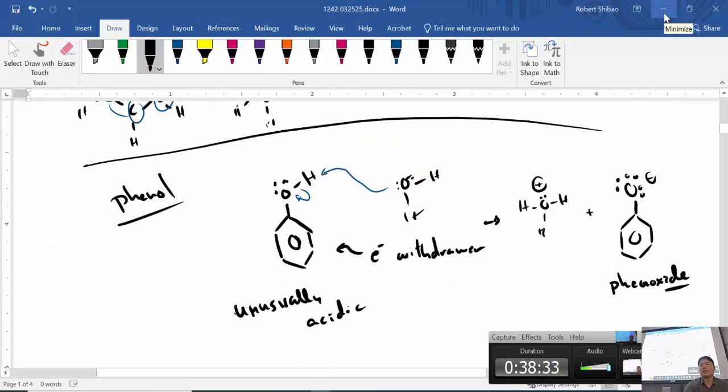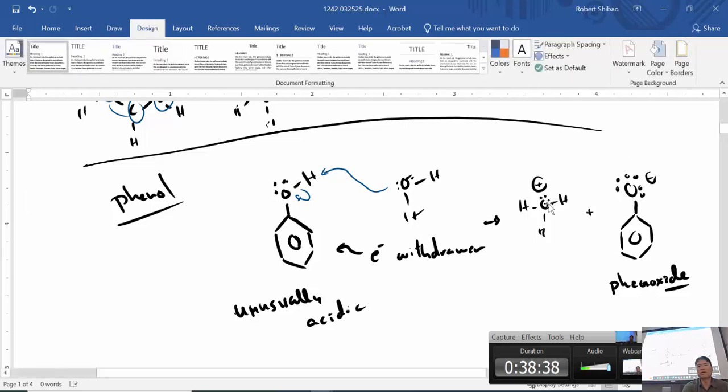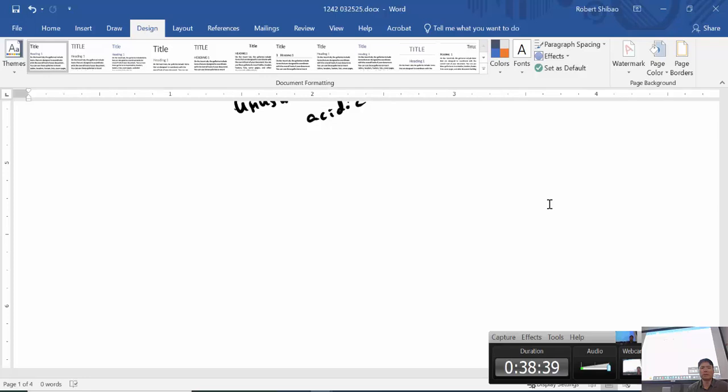And so phenoxide is a very interesting species because let's take a look at what happens. Ethoxide has trouble with this charge. And so we're going to compare this to ethoxide, the conjugate base of ethanol, that is, ethanol loses the proton.